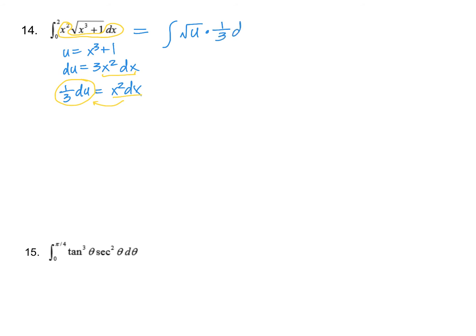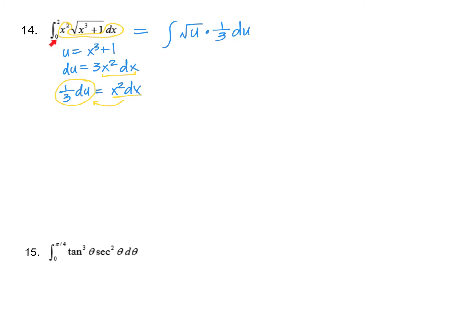by 1/3 du. Now, these two numbers, 0 and 2, those are x values, because this is an integral in terms of x. So this lower limit of integration is x equals 0, and this upper limit of integration is x equals 2. But now we have switched over to u values.